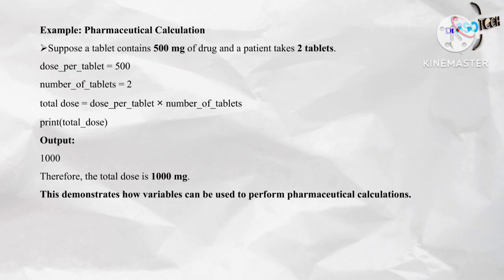Now, if you give the print function for total_dose, then the output is 1000. Therefore, the total dose is 1000 milligram. This demonstrates how variables can be used to perform pharmaceutical calculations.